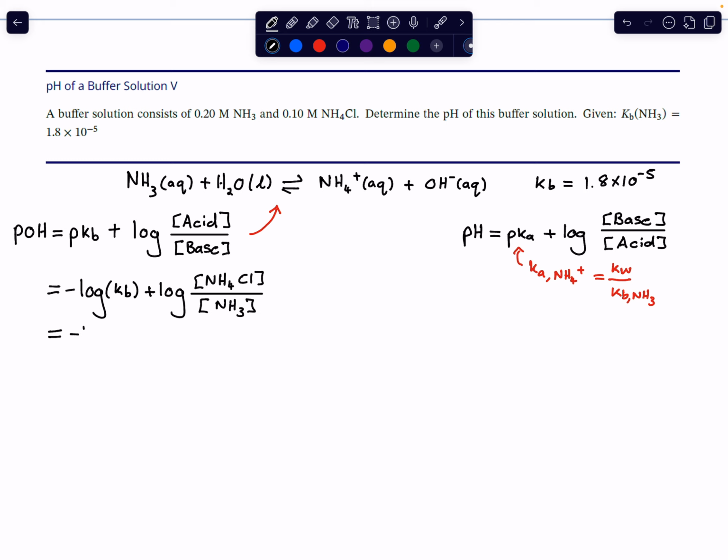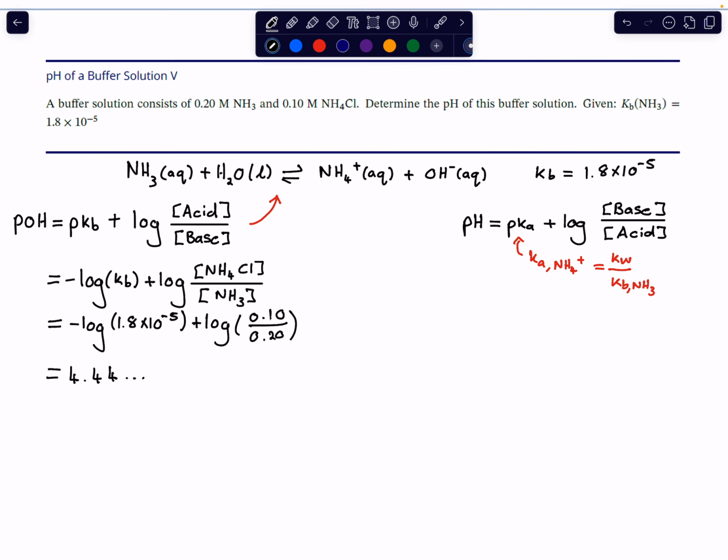If we substitute in values, we get minus log of 1.8 times 10 to the negative 5 plus log of the ammonium chloride, 0.1, over 0.20, which gives me a value of 4.44 and so on. That's the pOH.